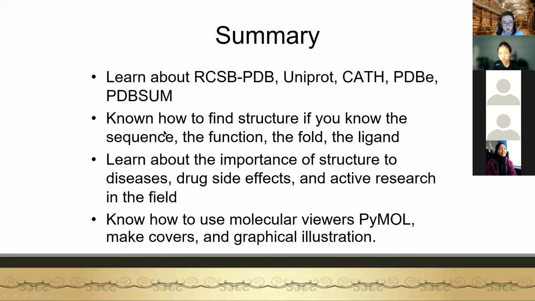And you already know how to find the structures if you know the sequence, function, fold, and the ligand. And you learned about the importance of structures to diseases, drug side effects, active research in the field, and you know how to use molecular viewers, PyMOL, to make covers and graphics illustration.